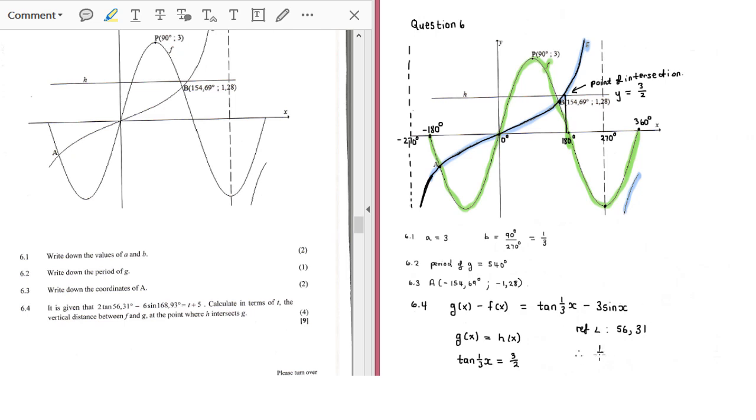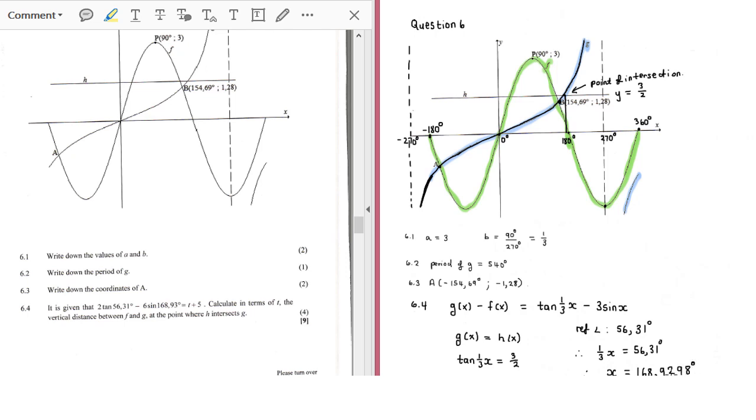So then 1/3 x is equal to 56.31 degrees. Therefore x is equal to, still in my calculator, just need to divide that by 1/3, and we get that the specific x value where this vertical distance exists is at an x value of 168.929898 degrees.